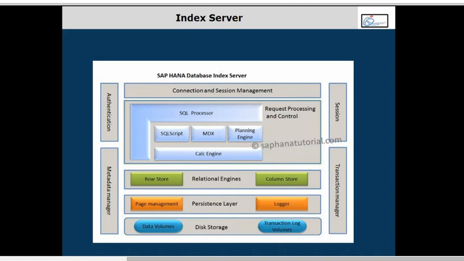Mainly you have the underlying engines, but all of them are covered by an engine called the SQL processor, or preprocessor. When you get an incoming request, first it checks what kind of request it is, because this engine will only execute data manipulation statements.